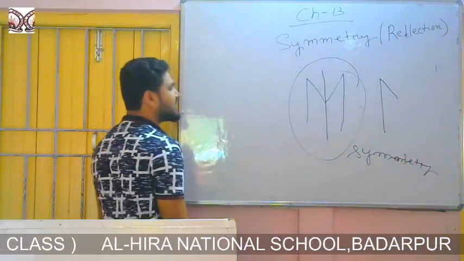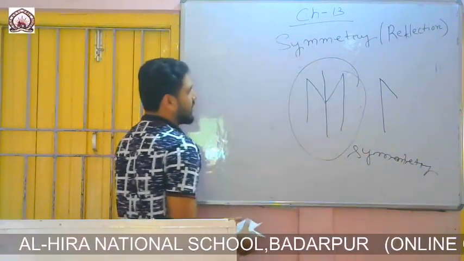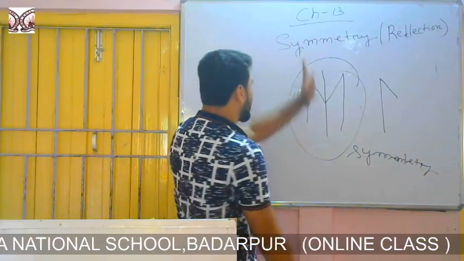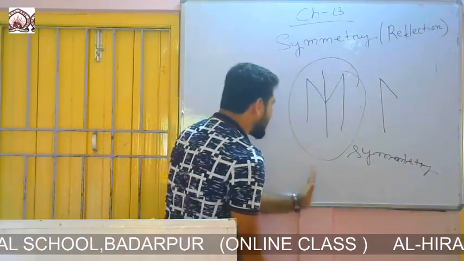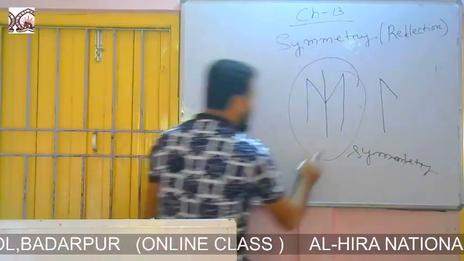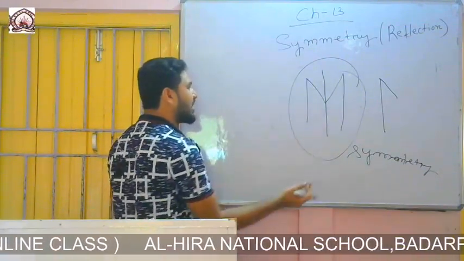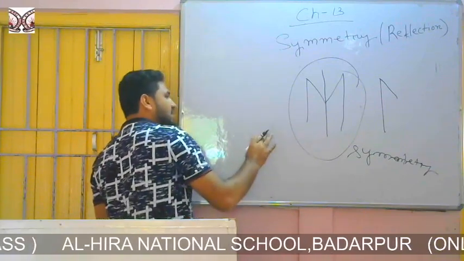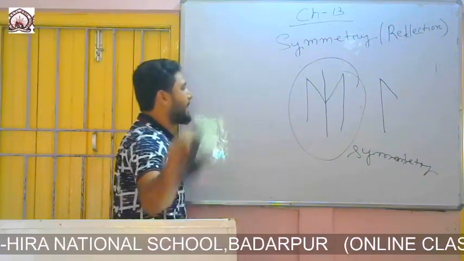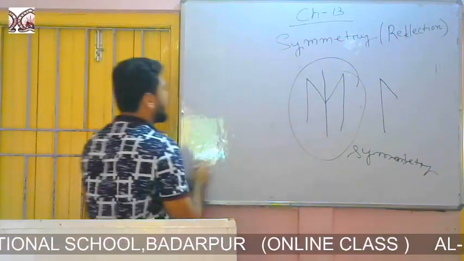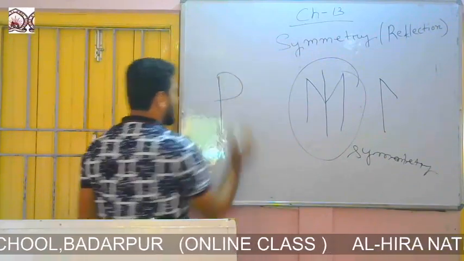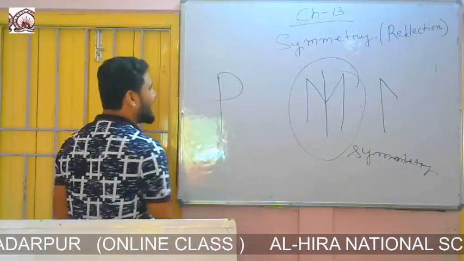A shape where you can draw a line of symmetry, if I reflect that shape in the mirror, we will get the exact same shape. But in the case of p, I cannot draw any line of symmetry.